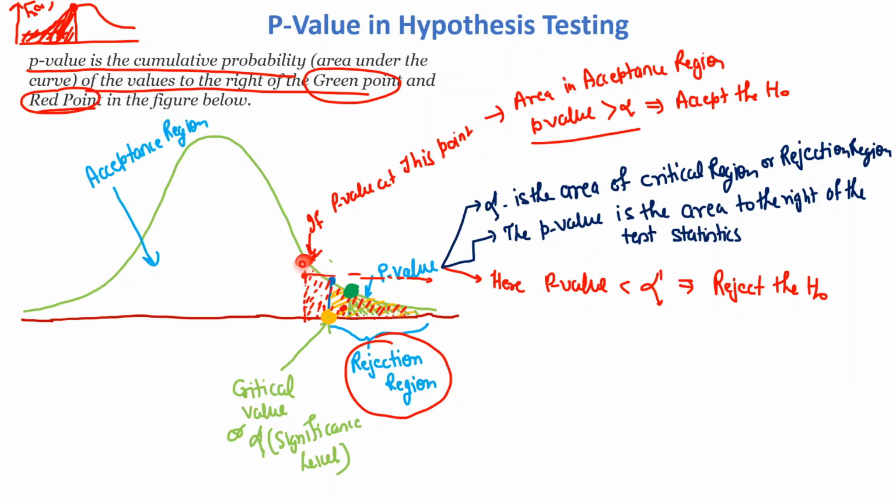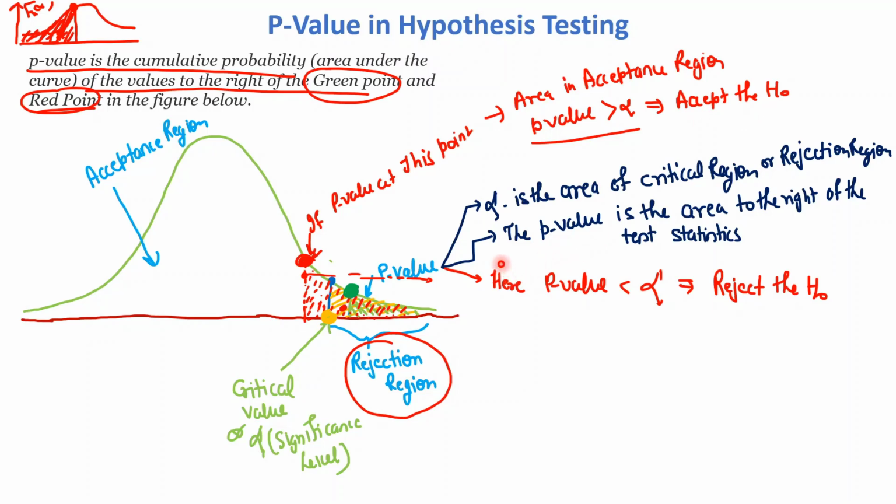So we can say that p-value is greater than your alpha. The critical value we also call the alpha significance level. So if p-value is greater than alpha, we accept the null hypothesis, because this region is coming under the acceptance region.